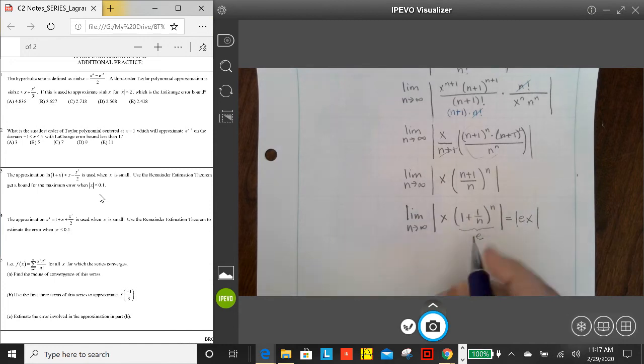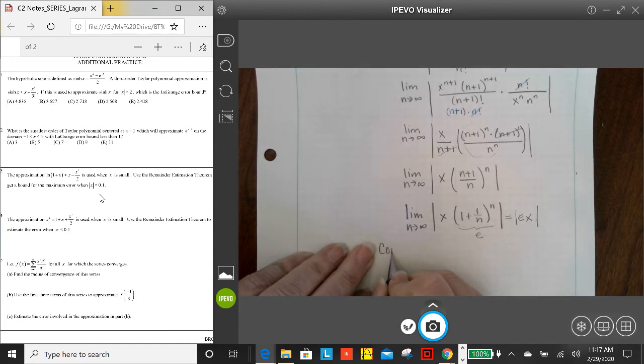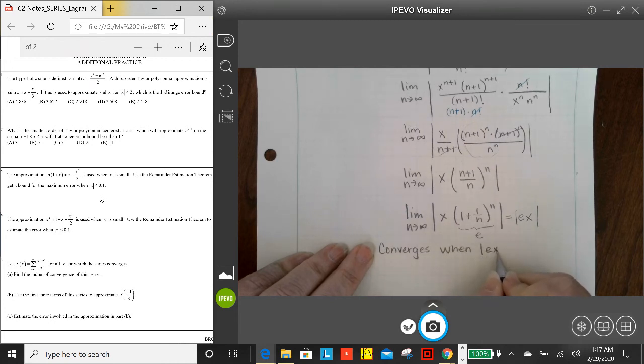And so then this series will converge when the absolute value of ex is less than 1, which means ex has to lie between -1 and 1. Dividing everything by e, I get -1 over e is less than x, which is less than 1 over e.